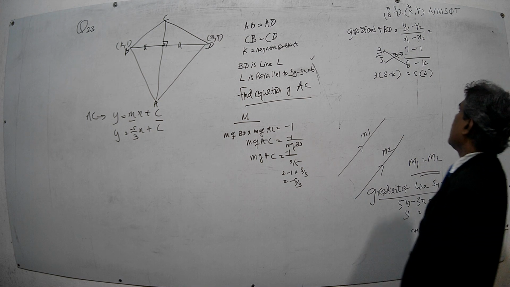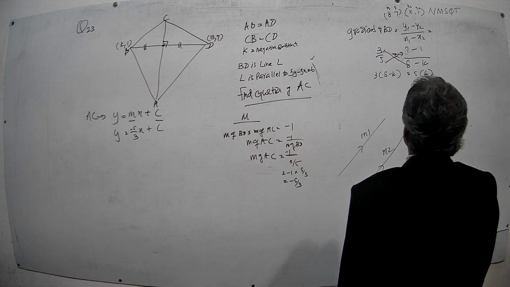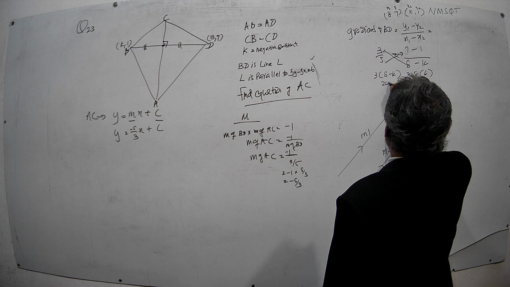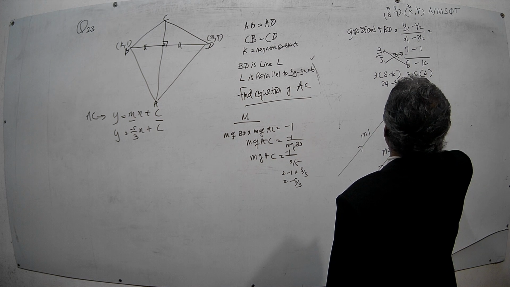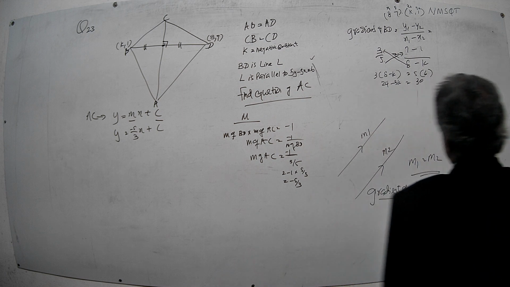Then here we get 8 minus k, times 3, that means 24 minus 3k, equals 5 times 6, which is 30.